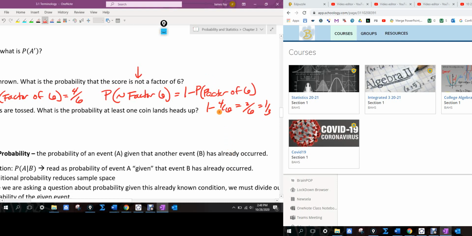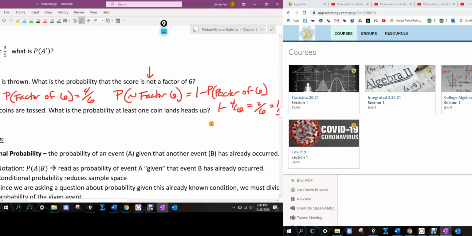Okay. Now, if that's the case, 2/6, what are the two numbers on the dice then that are not factors of 6? 4 and 5. Okay. Now, you could have maybe decided that because you know the sample space is pretty small for that situation, right? But regardless, we have an alternative way of finding that probability.